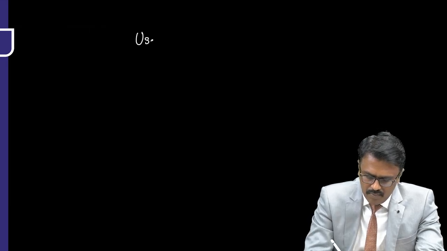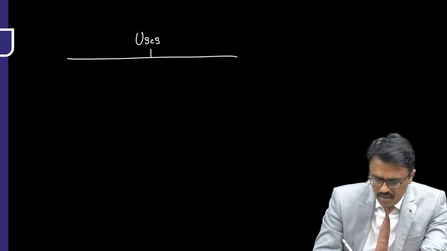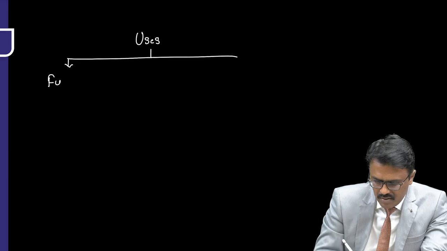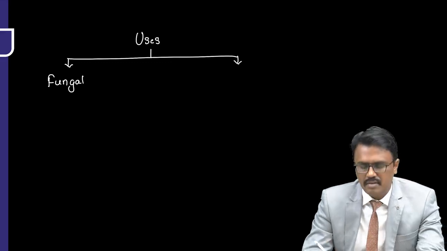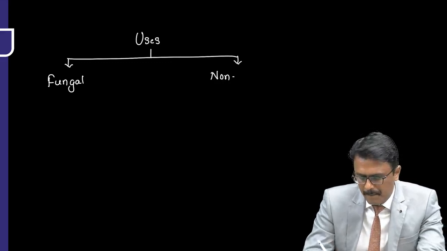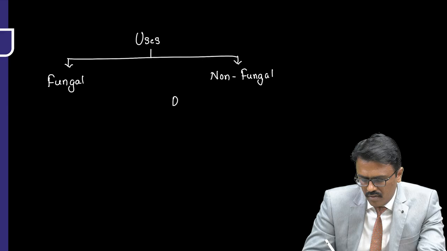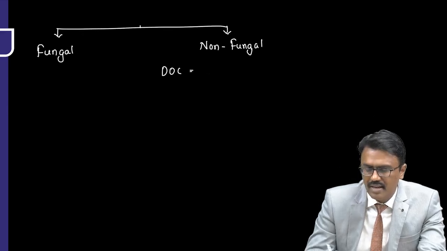Now where to use this? Uses of liposomal amphotericin B. There are two important uses: the fungal infections, and the other, non-fungal infection. It's the drug of choice for one non-fungal condition. What is that? Leishmaniasis.